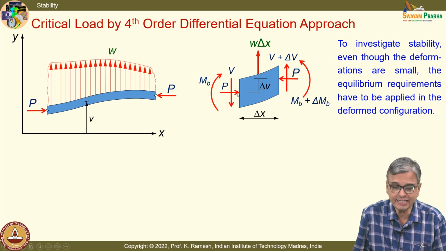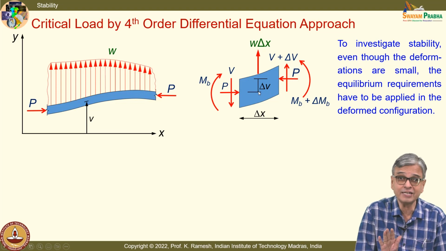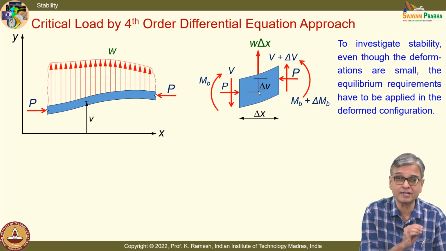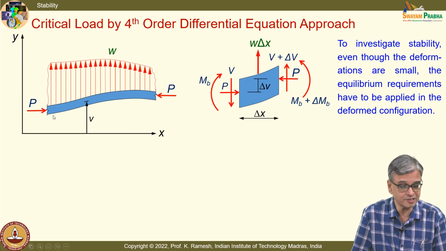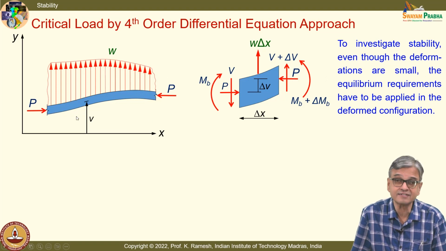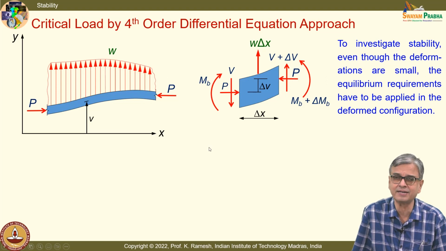So, these loads P are separated by a distance delta v. That is the only difference between what we have done for finding an interrelationship between shear force and bending moment. We had taken this beam as straight. Here we have considered this as deformed, so that I can investigate and I get an extra term in this. Otherwise, the mathematics is simple.